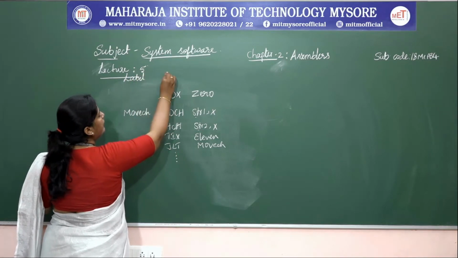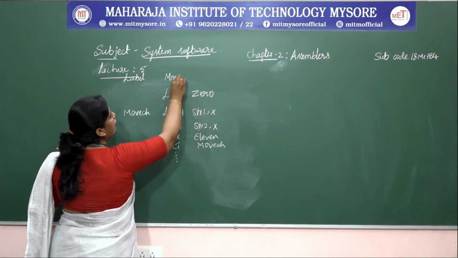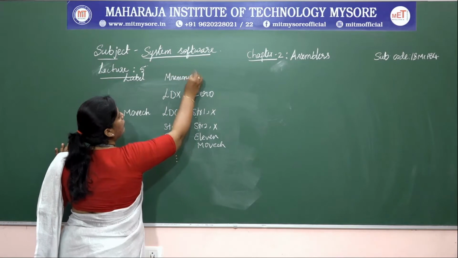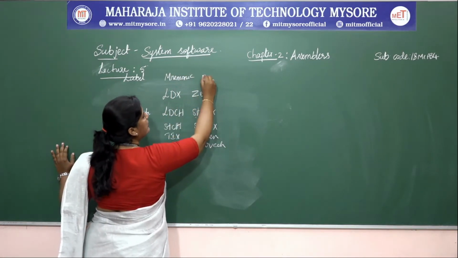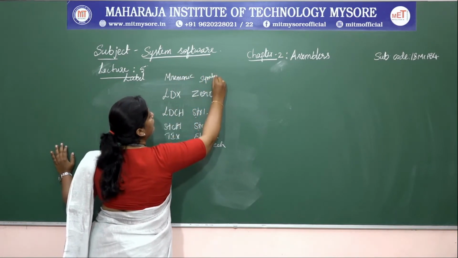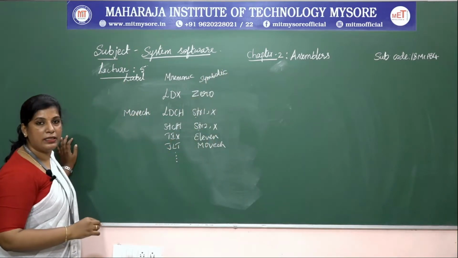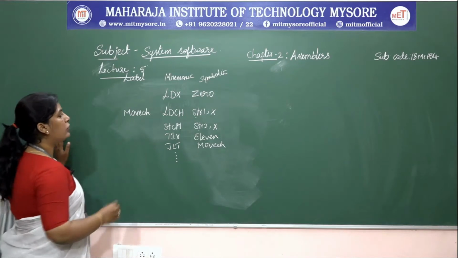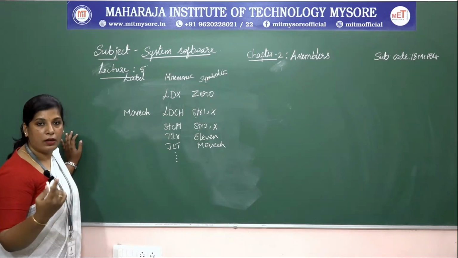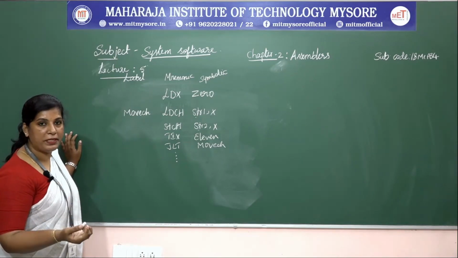This is the label field, this is the mnemonic field, and this is called the symbolic field. The mnemonic field is the operator field, and the symbolic field is the operand field. There might be a single operand, 2 operands, and a maximum of 3 operands.